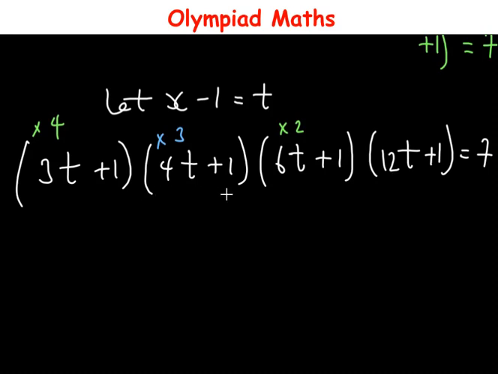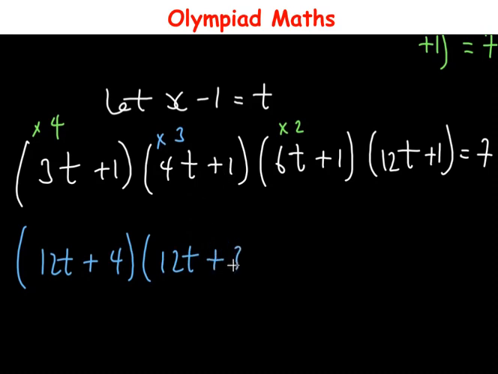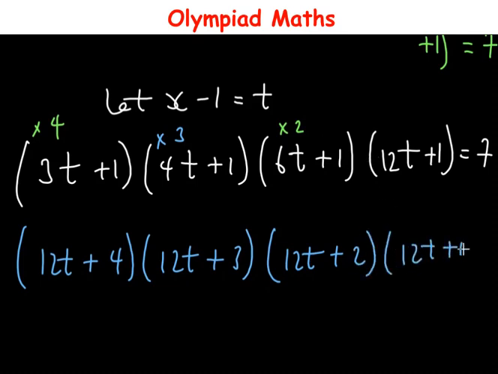So the equation becomes 4 times 3t is 12t plus 4 times 1 is 4. Then 3 times 4t is 12t, 3 times 1 plus 3. Then 2 times 6t is 12t plus 2 times 1 is 2. Then we have 12t plus 1.